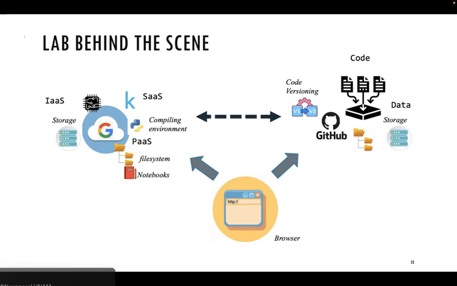Now, some particularities about this service is that when we use Kaggle, we have new storage space for our data and our notebooks. When we use Colab, in fact, this is a service provided to us as users of Google, okay? So we need a Gmail account. And you remember that when we create an account on Google, we have a storage space on Google Drive, right? So it is going to associate our Google Drive space in order for us to have our data sets and our notebooks, okay?